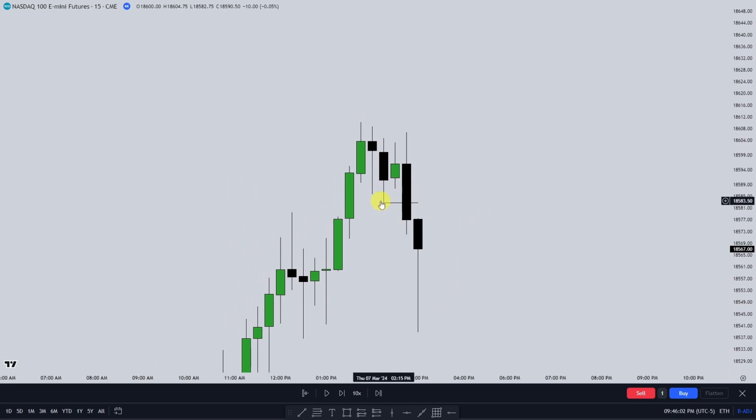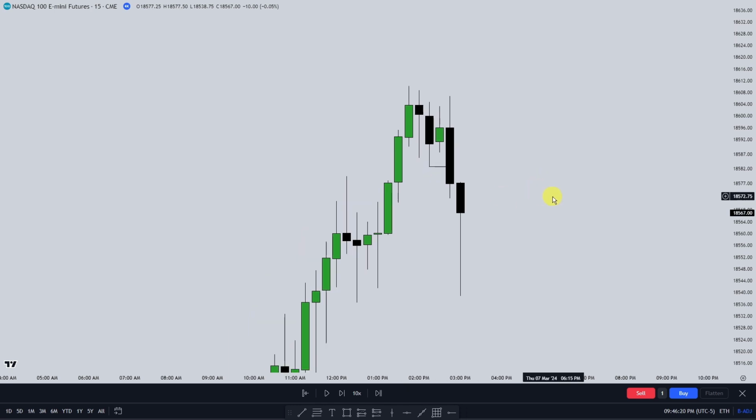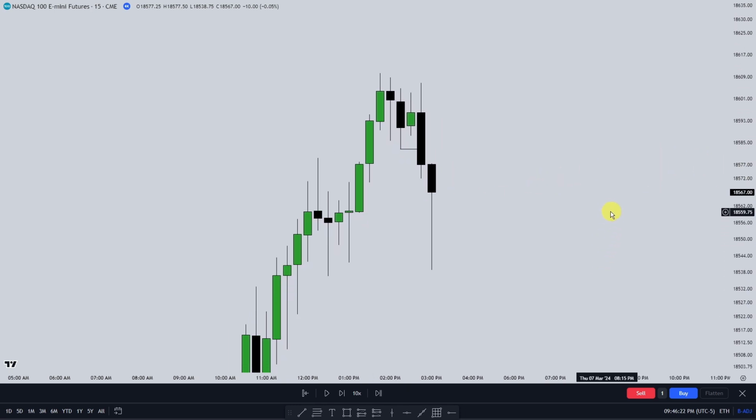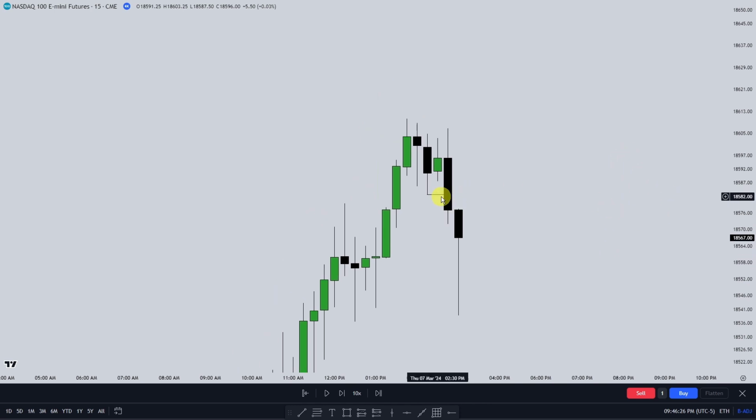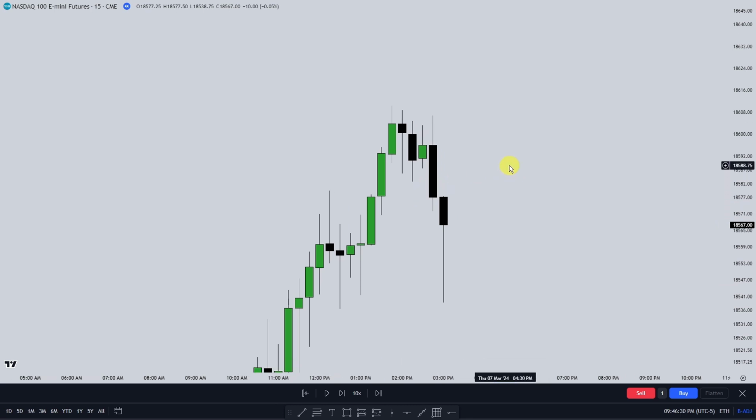We get a closure below this low, and we get displacement, which creates a fair value gap, and that's what we were just talking about. And that signifies a change in the trend. In this case, it was from bullish to bearish.